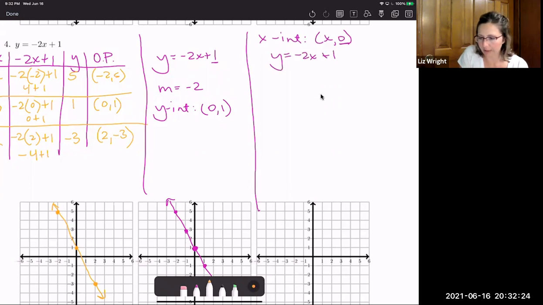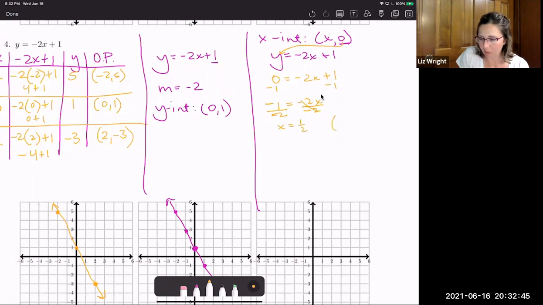This says take the 0, plug it in for y. And we've got 0 equals -2x plus 1. I'm going to subtract the 1. And I get -1 equals -2x. I'm going to divide both sides by the -2. And I get x equals +1/2 because we've got the negative over the negative.